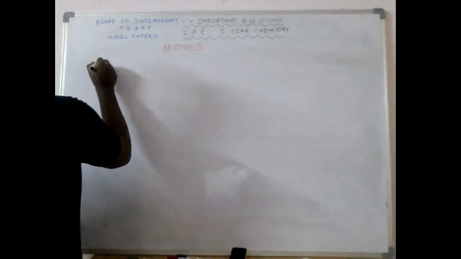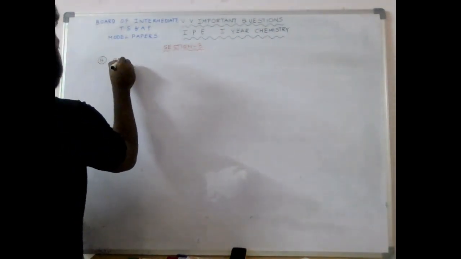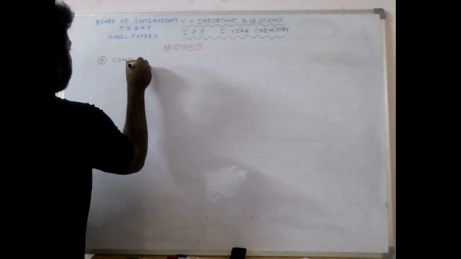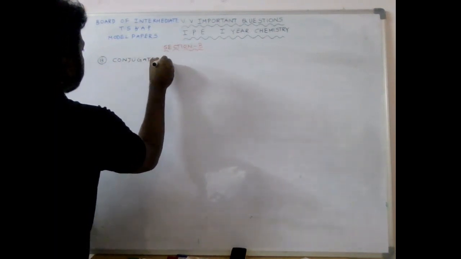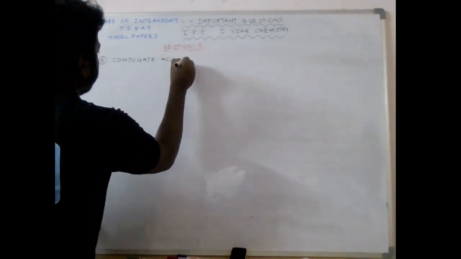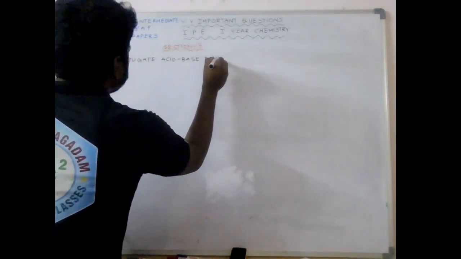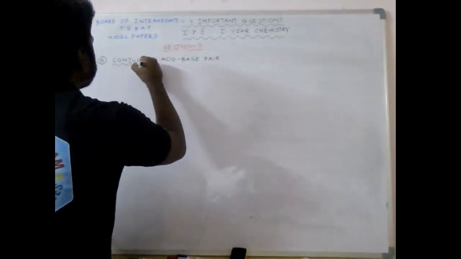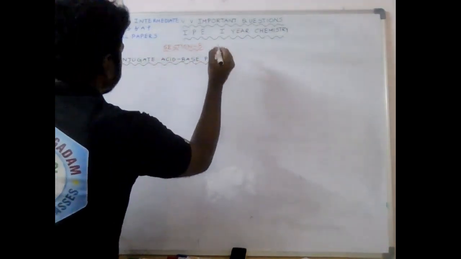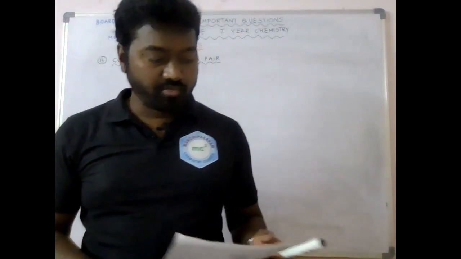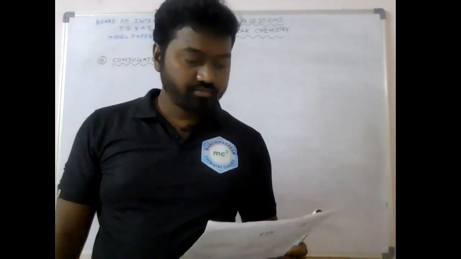So the 13th question is what? What is a conjugate acid base pair? He is asking that the first question is: what is a conjugate acid base pair? And the question continues like that. Try to remember, I'm not writing the question.